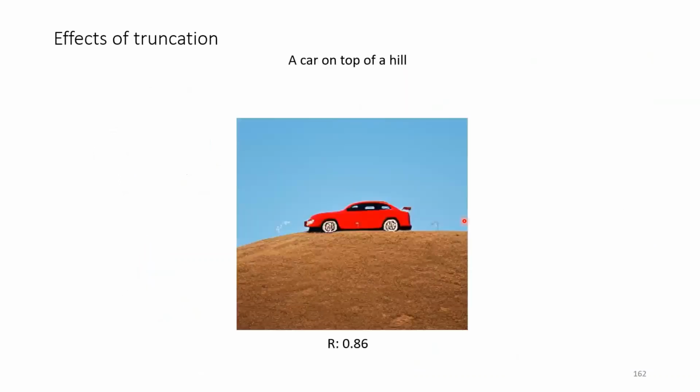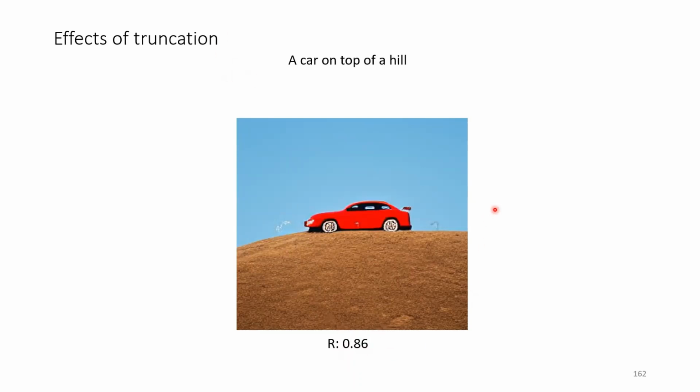Now to look at the effects of truncation, this is the image that I showed in the previous slide with the truncation rate 0.86, which the authors have shown as the optimal value, and the prompt is a car on top of a hill. We generated this image using this truncation rate.